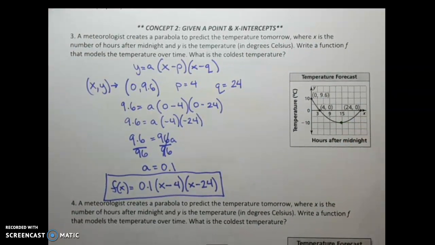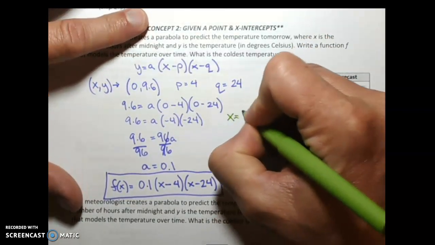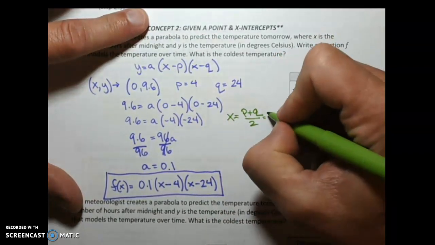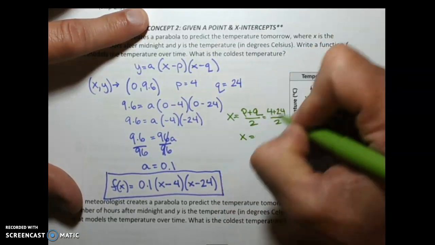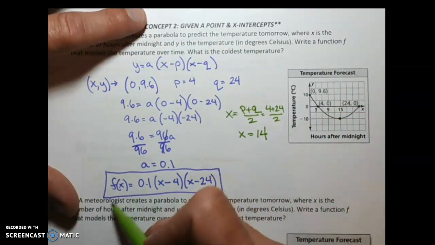Somewhere around there. Alright, so it's going to be around negative 10. I can see just from the chart. But let's go ahead and solve. What I do is x equals p plus q divided by 2. So that's 4 plus 24 divided by 2. X equals 28 divided by 2, which is 14. And then I plug 14 in.